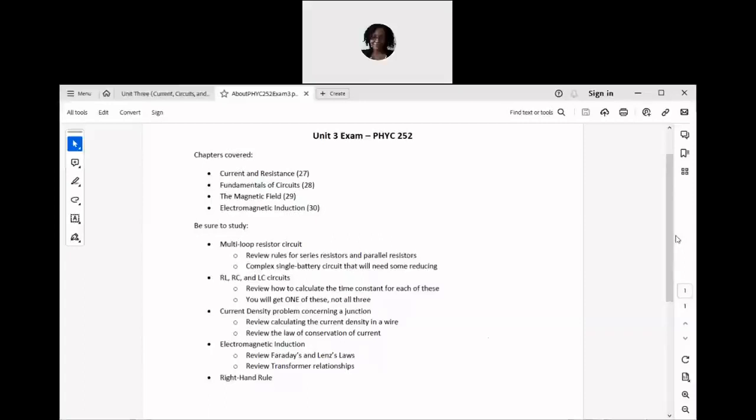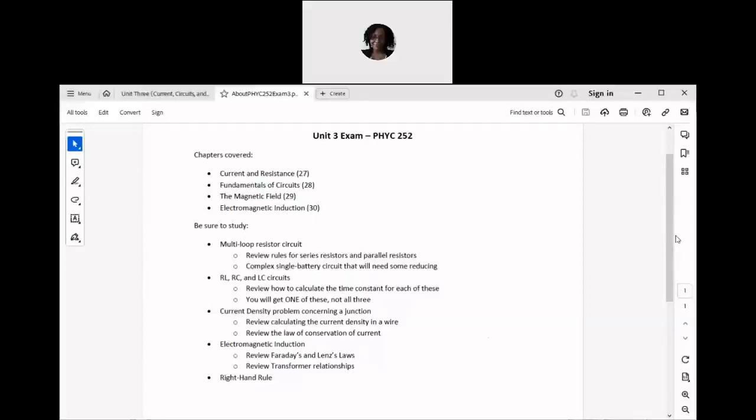And transformer relationships also fall underneath the electromagnetic induction umbrella. So make sure that you know how to compare the number of turns on the primary side of a transformer to the number on the secondary, and then make sure that you know how the potential difference across each coil relates to its opposite.